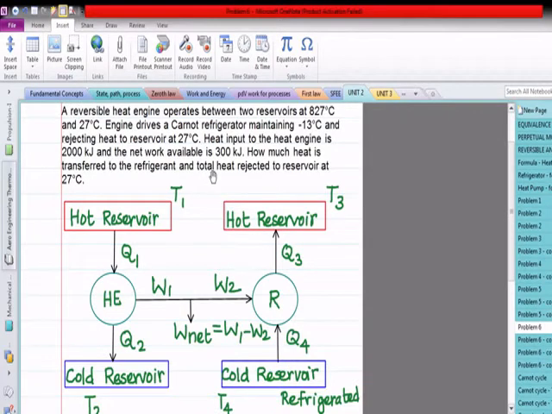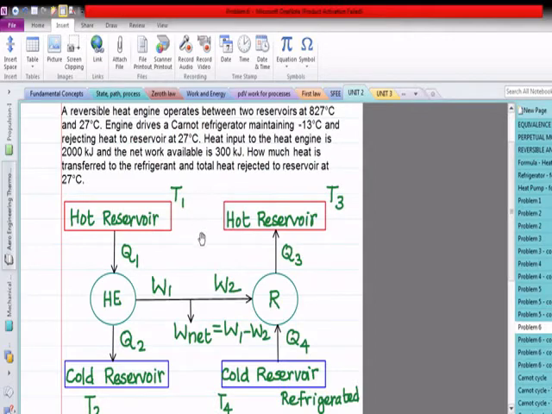Then the second question, total heat rejected to reservoir at 27 degrees Celsius. So how much heat is rejected or added to the reservoir at 27 degrees Celsius? You have to look at which reservoir is at a temperature of 27 degrees and what is the heat rejected to that reservoir.